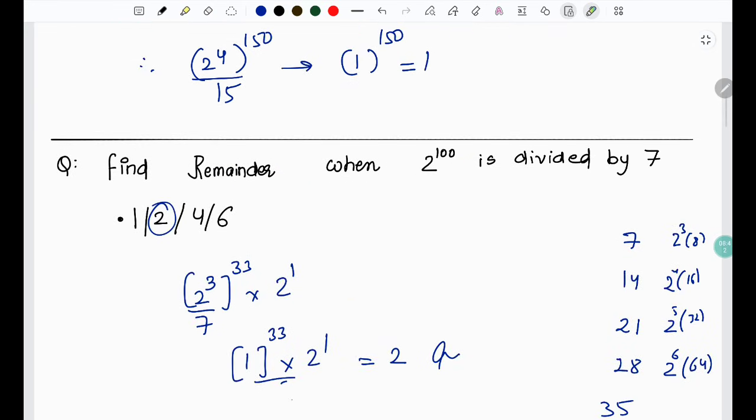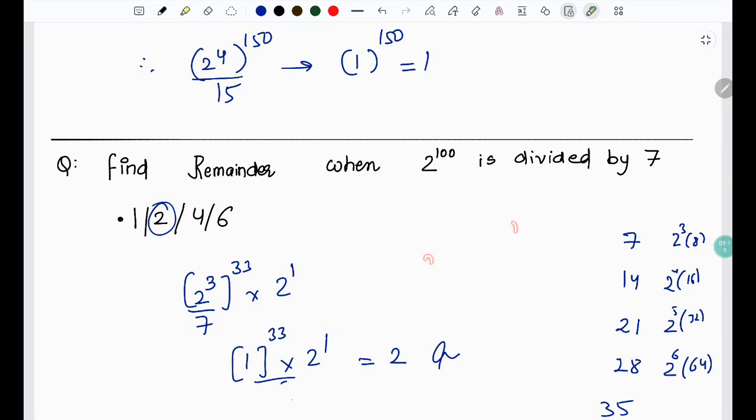Now here is another question where 2 to the power 100 is divided by 7. Let us see, we'll try to bring the remainder to 1. We have 2 to the power 2, which is 4, divided by 7. We will not get 1 as remainder. 2 to the power 3, that is 8 by 7, immediately gives us 1 as the remainder, so we'll use that. Now this is 2 to the power 100, so we have to divide the powers in such a way that it becomes easy for us. So what we'll do is 2 to the power 3, to the power 33, that will become 2 to the power 99, times 2 to the power 1, that becomes the original number 2 to the power 100, divided by 7.